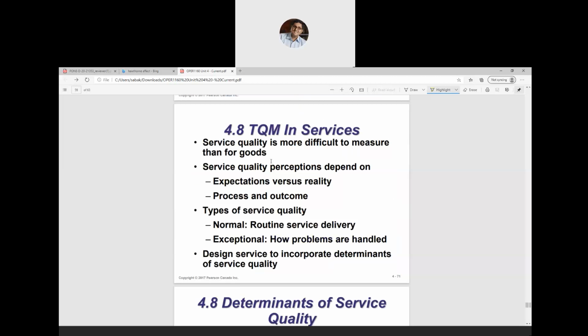Now the last thing is, how can TQM be applied in a service industry? As we have been discussing from the beginning, in a service industry, measuring quality is very difficult. Think of an example which I have given. You and your friend visit a restaurant, order the same food and eat the same thing.